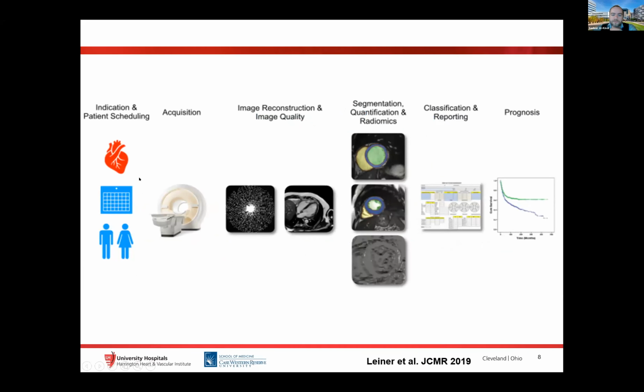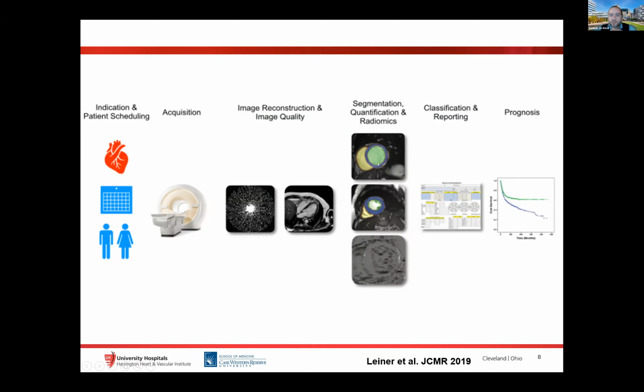This is another way of applying machine learning techniques in automated segmentation and reporting. We get data from scheduling and acquisition of patients. We do image reconstruction and produce the image.